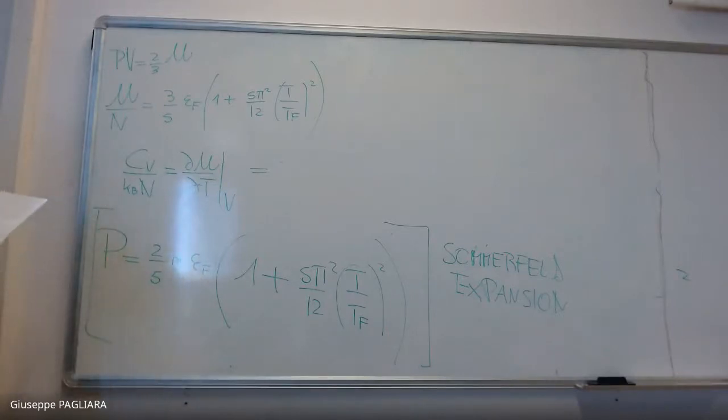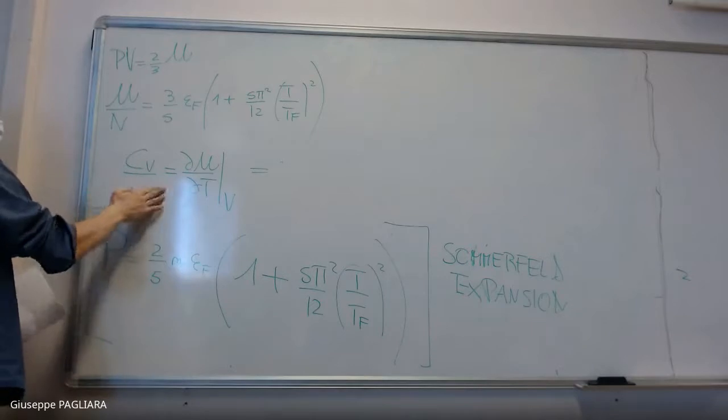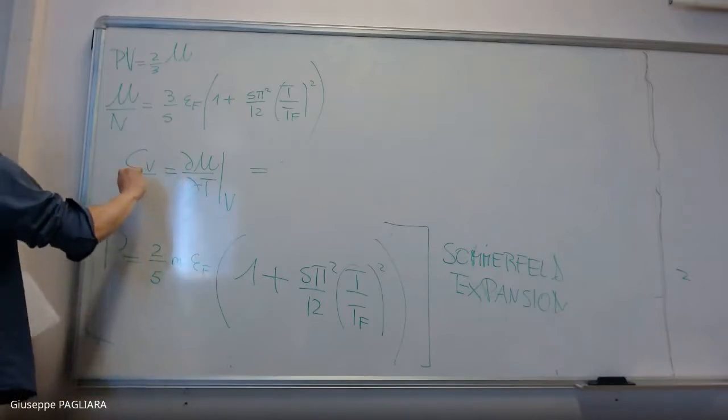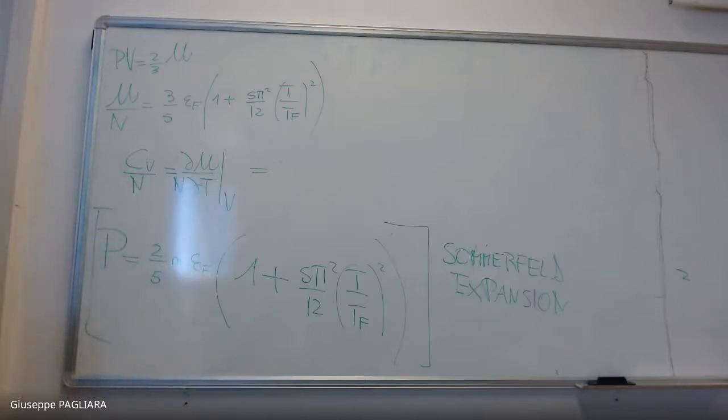Sorry, okay, let's do the following. CV is dU/dT, then I divide by N, and so I get this one. So now I can add the KB afterwards. Okay, let me just compute the derivative of this quantity here.